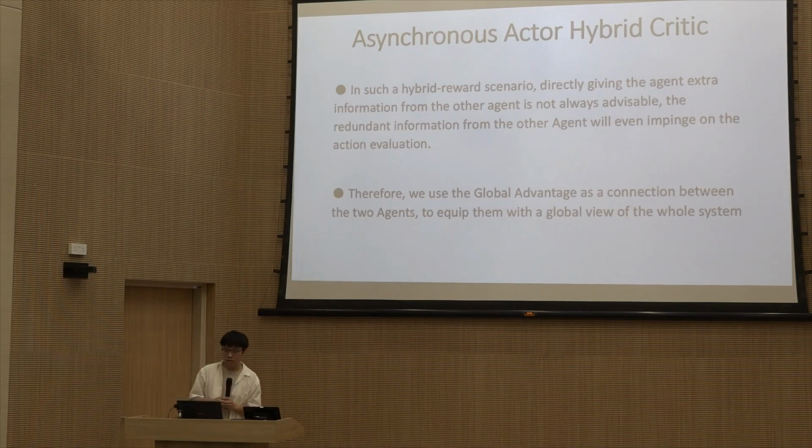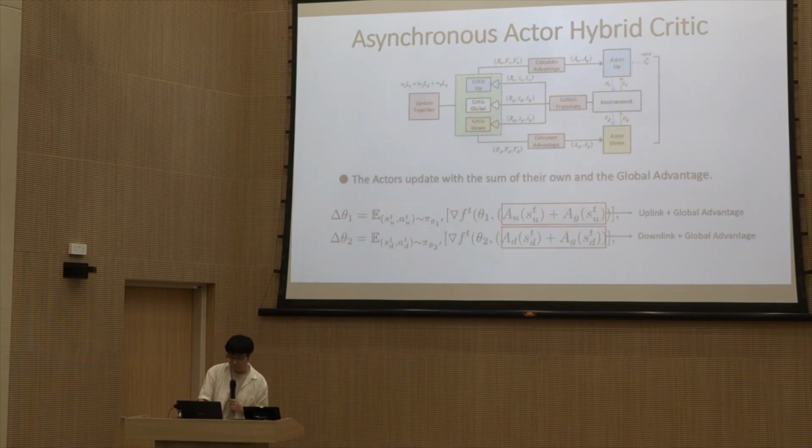So it's highly unstable. Therefore, we use the global advantage as a connection between the 2 agents, instead of directly giving extra information about the state or the reward of the other agent. Here are the 2 simple update functions of these 2 actors.